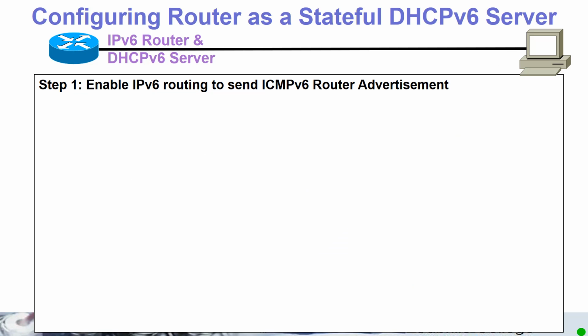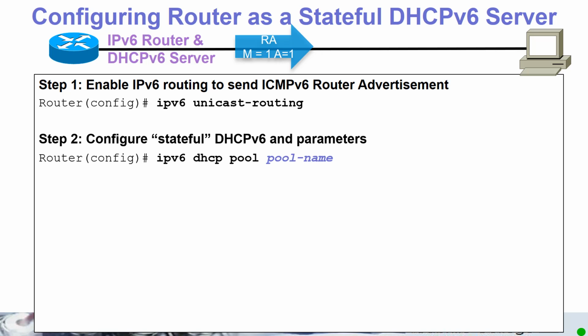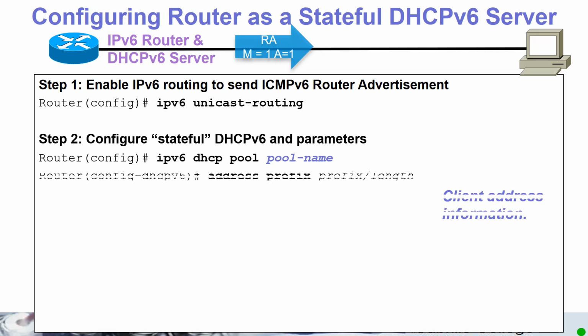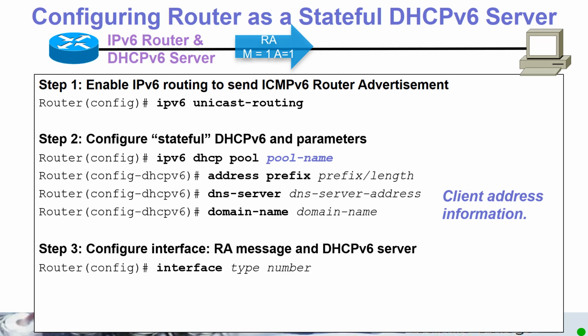So again, enable IPv6 routing to send the appropriate ICMP messages: ipv6 unicast-routing. Step 2 is to configure the stateful DHCP and the parameters. Again, setting up the appropriate pool and pool name, address prefix, DNS domain names, and then we also have to program it on the interface.